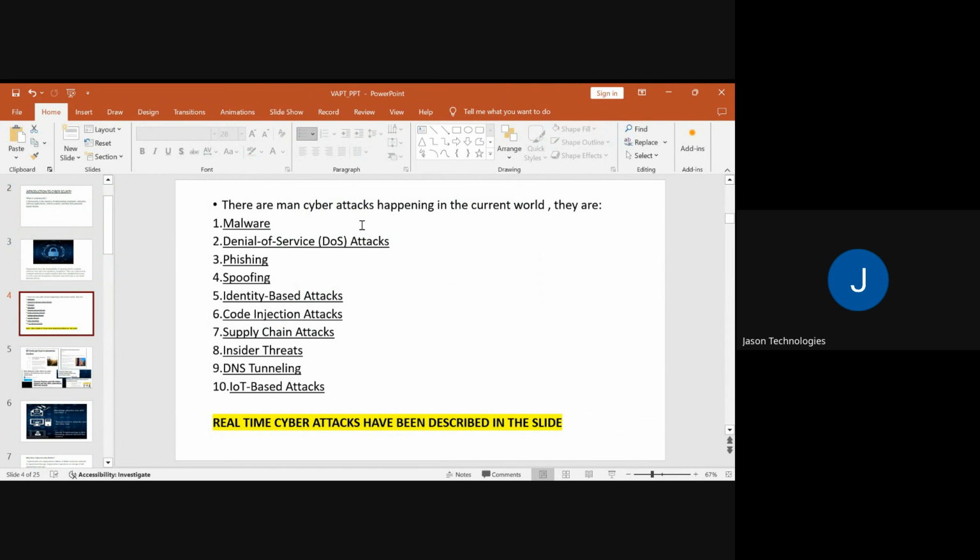Then that web application cannot respond to thousands of HTTP requests in a single second. At that time the web application will give some sort of errors, or the web application will be switched off or shut down, which could be done in the DevOps section as well.